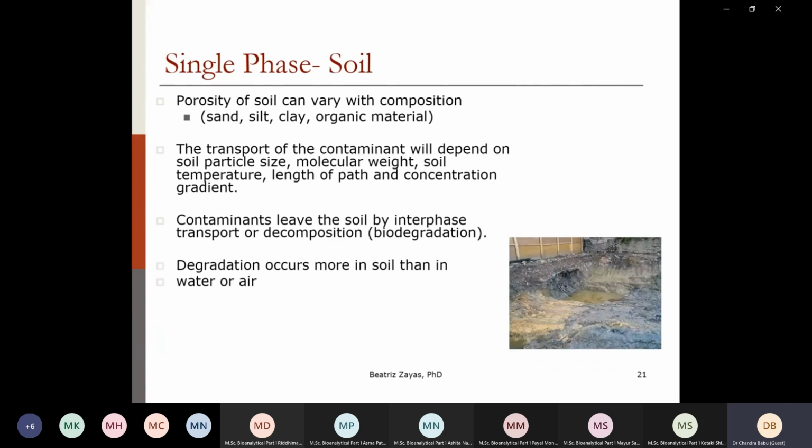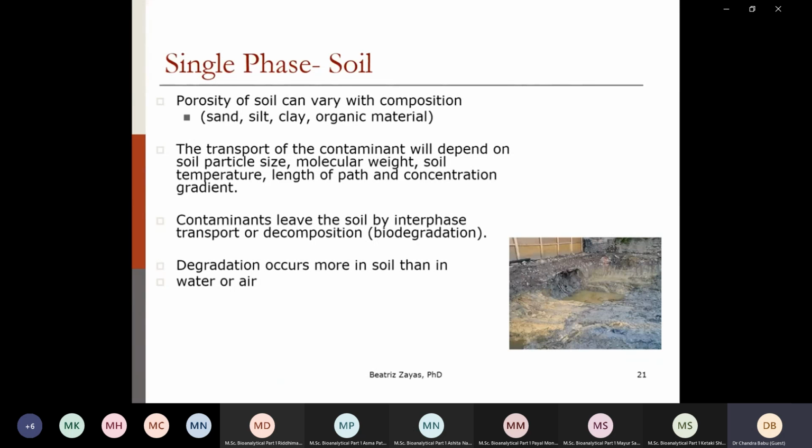Soil is also a way we can be exposed, and in this case, the characteristics of the soil, such as the porosity, can vary with composition. For example, the percentage of salt, sand, silt, clay, and organic material will all affect how these pollutants move in sediments or in soils.